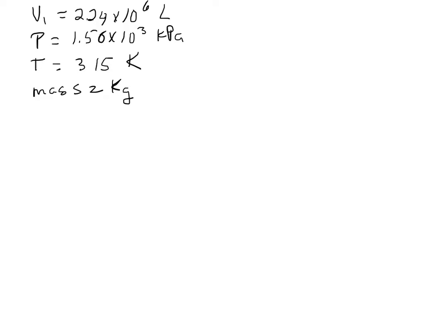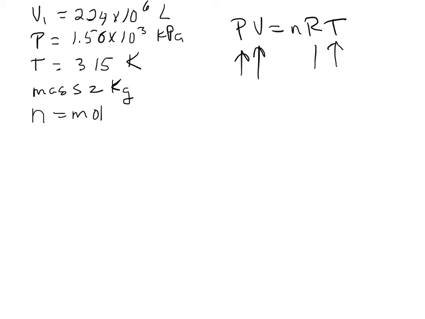How many kilograms does the cavern contain? While we don't know kilograms, we can calculate n, which is moles, and from moles I can convert back to grams or kilograms. So we're going to use the ideal gas law. PV equals nRT. We know P, V, and T, and R is a constant, so we can solve for n.